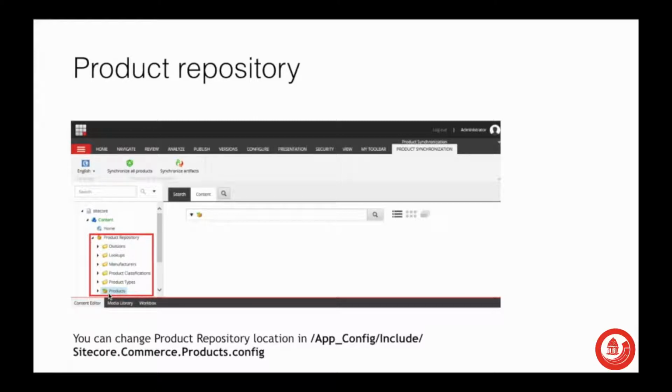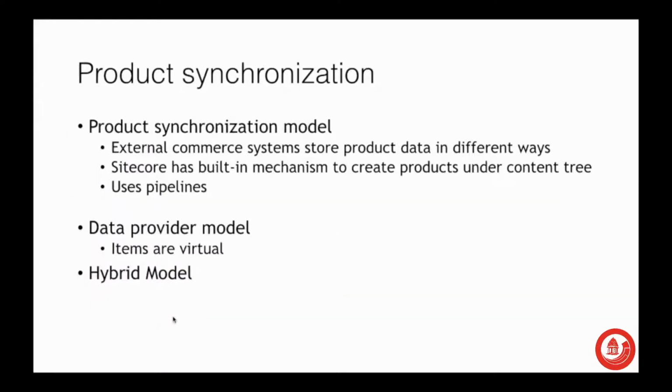Depending on the number of products you have, it will create buckets based on the date, and then create subfolders under the date. For example, if you're doing a sync today and clicking on synchronize all products now, it's going to create a folder on today's date, and then it will create subfolders based on the products that are being created.